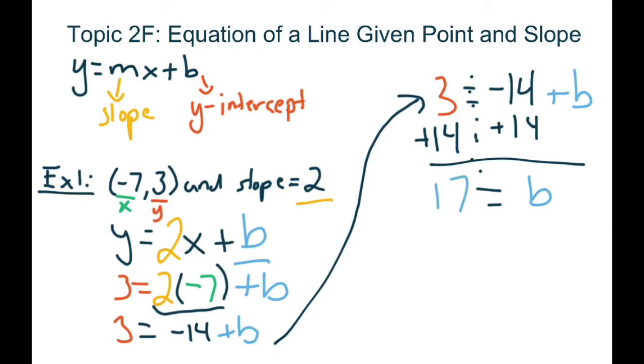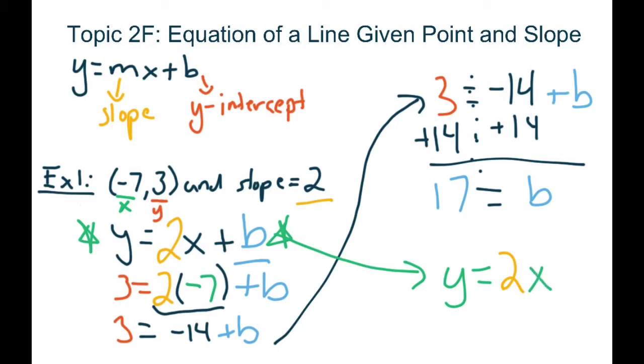Now that we know what b is, let's go back to our original equation that we had already filled in our slope. I'm going to do this here in green. I drew an arrow, so I'm going to put the one with the star around it. We're going to rewrite this now. So we're going to have y equals 2, because that is our slope, then x, and then I'm going to fill in the blue for the b.